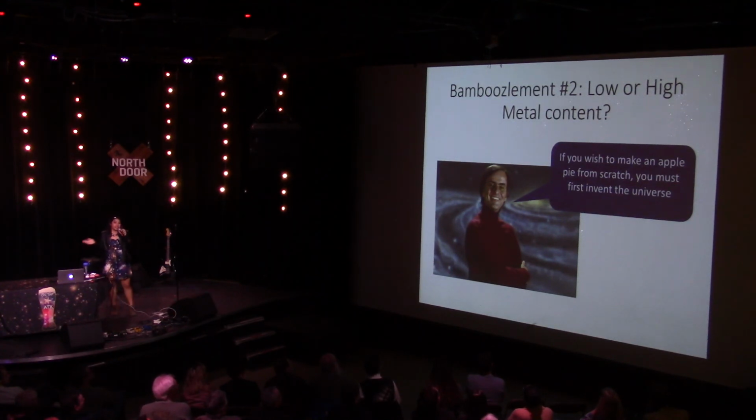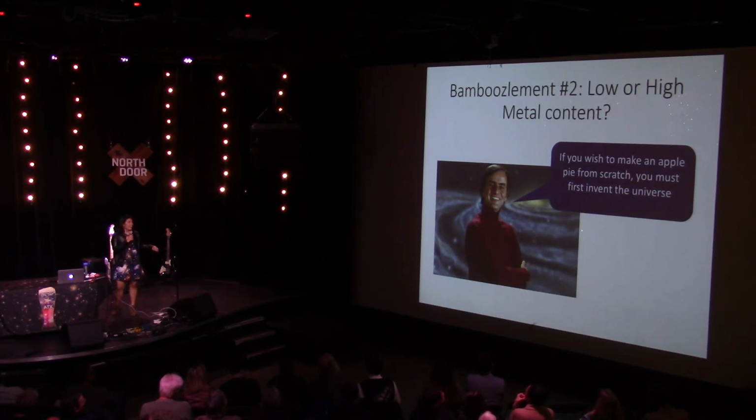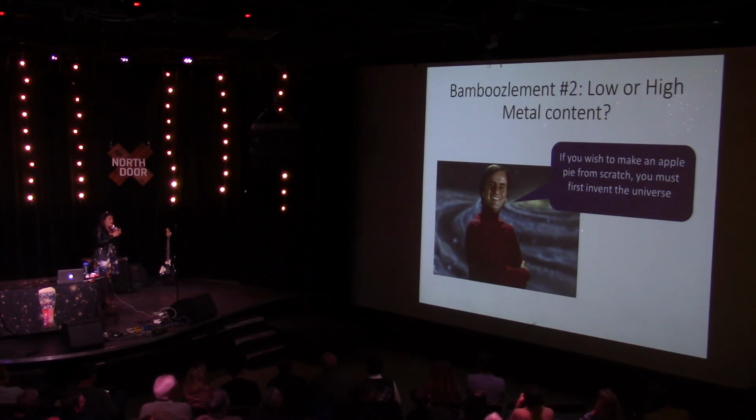So you guys may have seen this famous turtleneck dude from the first talk. He has this famous saying wherein, if you wish to make an apple pie from scratch, you must first invent the universe. So I'm actually going to step on people's toes here and say that's not completely correct.